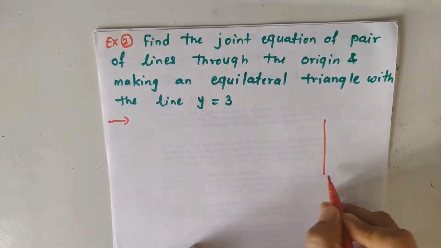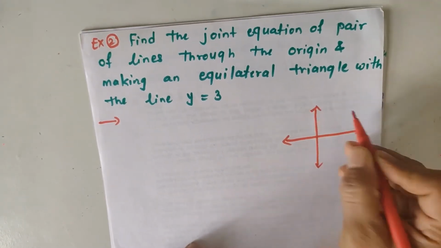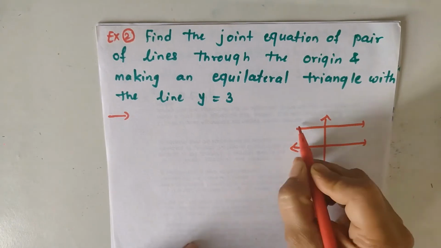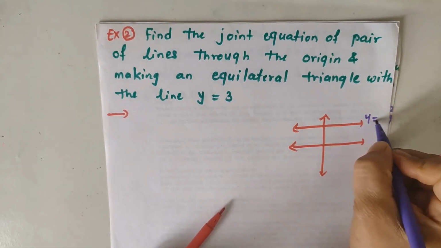the figure of this example. So in the xy coordinate system, first we draw the line y equal to 3, which is parallel to the x-axis.